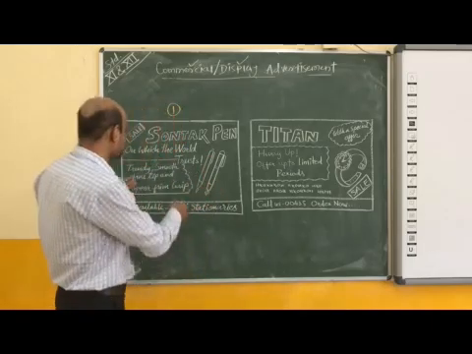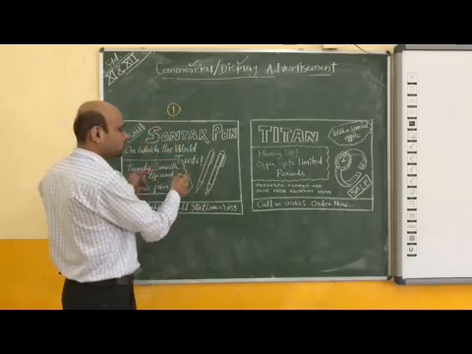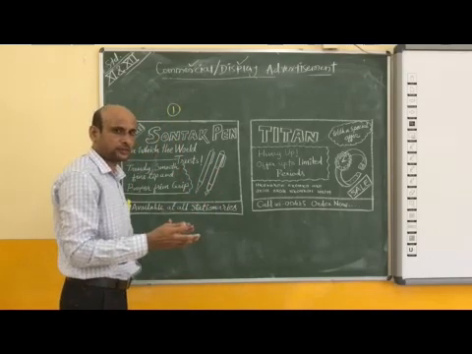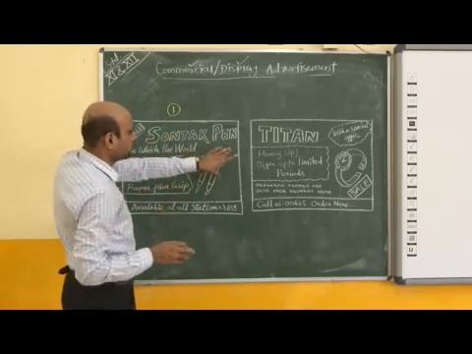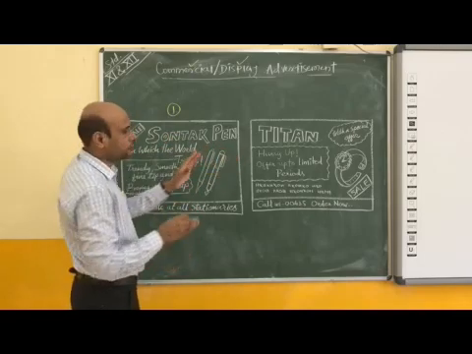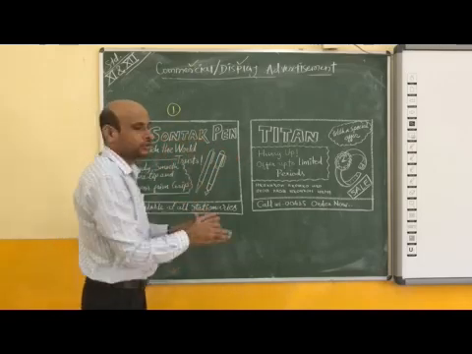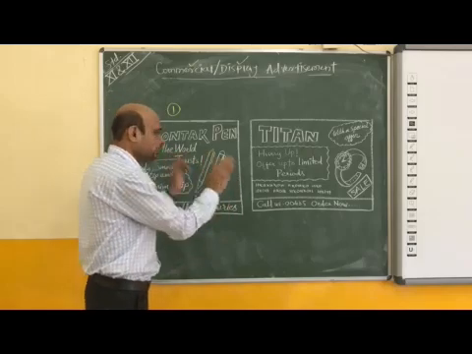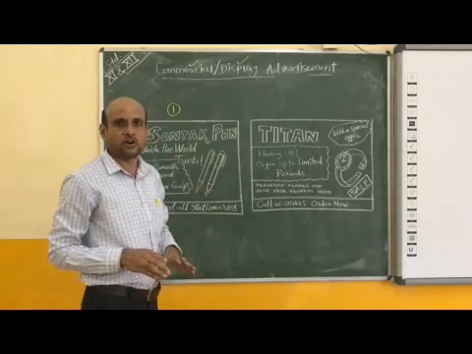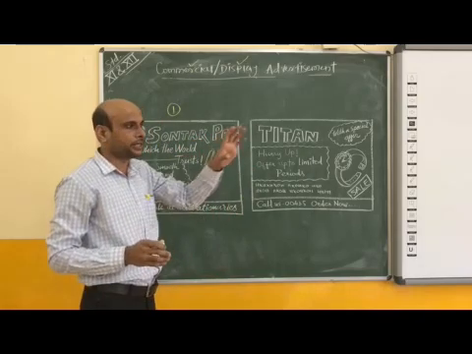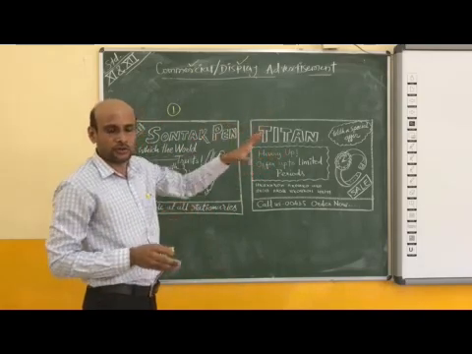And later on you can write the features and advantages of any product. For example, if you are writing an advertisement for a laptop, television, school bags, or school uniforms.